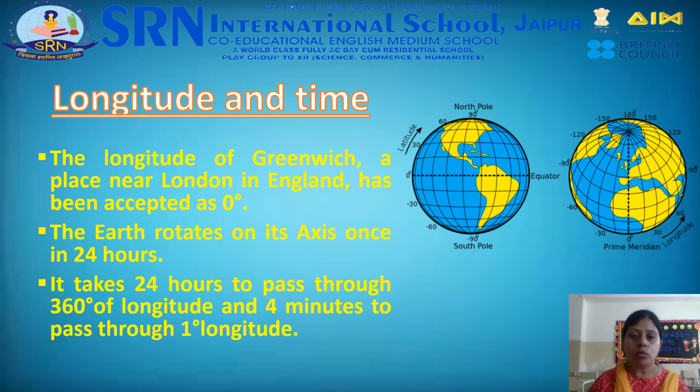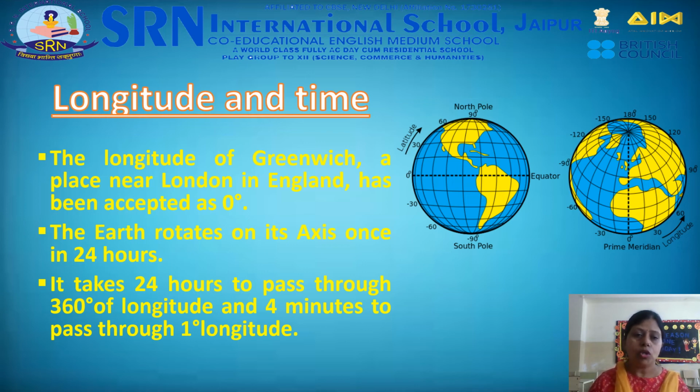As the earth rotates from west to east, the local time of places to the east of Greenwich will be ahead of Greenwich time and the local time of places to the west of Greenwich will be behind the Greenwich time.